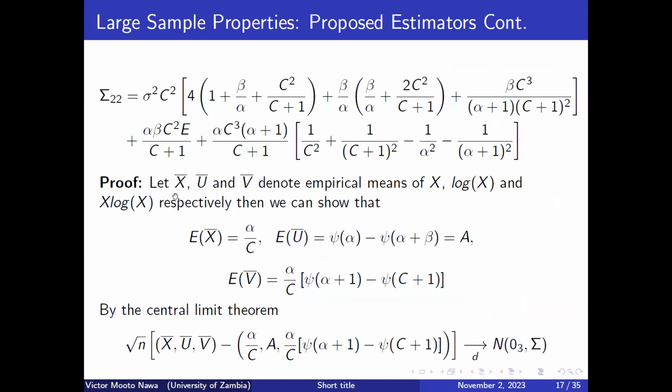So here we are using x bar, u bar, v bar to represent the empirical means of x, log of x, and x log of x. And then we get the expectations given here.